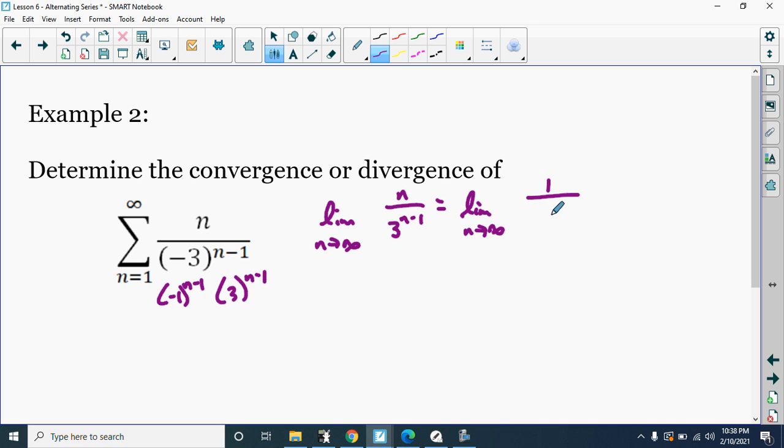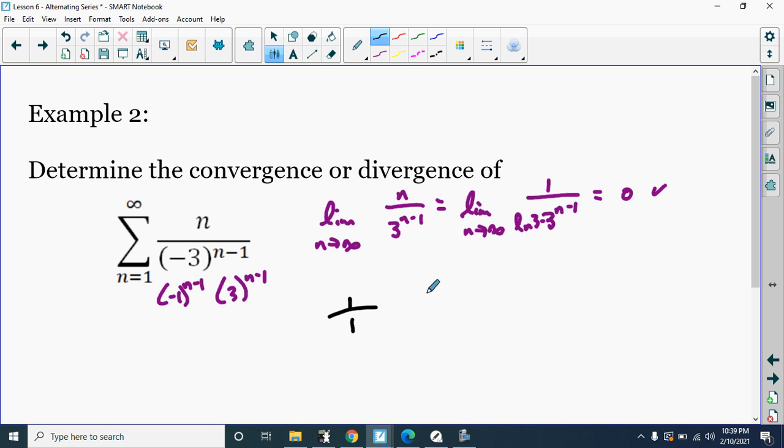3 to the n minus 1 has a derivative of 3 to the n minus 1 times ln of 3. I've got 1 on top and an infinitely big number on the bottom. It does go to 0. And then we want to check the terms. If I plug in 1, I get 1 over 3 to the 0.